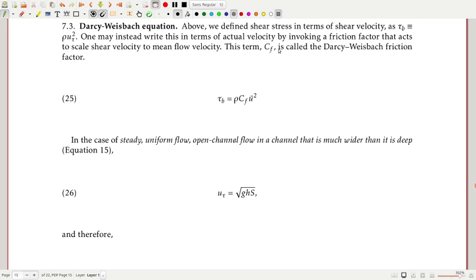So you might remember from earlier on that we discussed the definition that tau b, which is the basal shear stress, is equal to the density times the shear velocity squared. And so that's just a definition. And I'm going to write it here just so we have it together with this next equation.